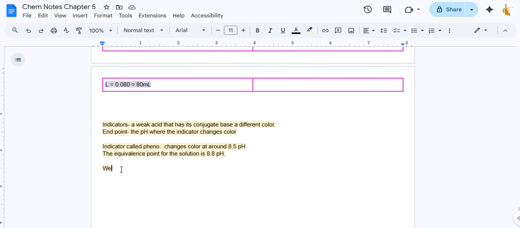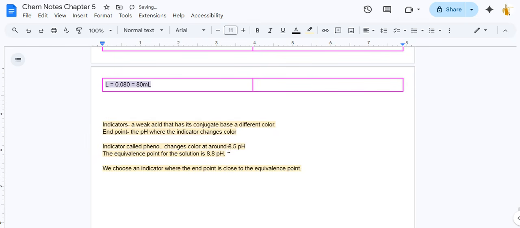So we choose an indicator where the endpoint is close to the equivalence point. So once it reaches that endpoint, once it changes color, we know the equivalence point has been reached.